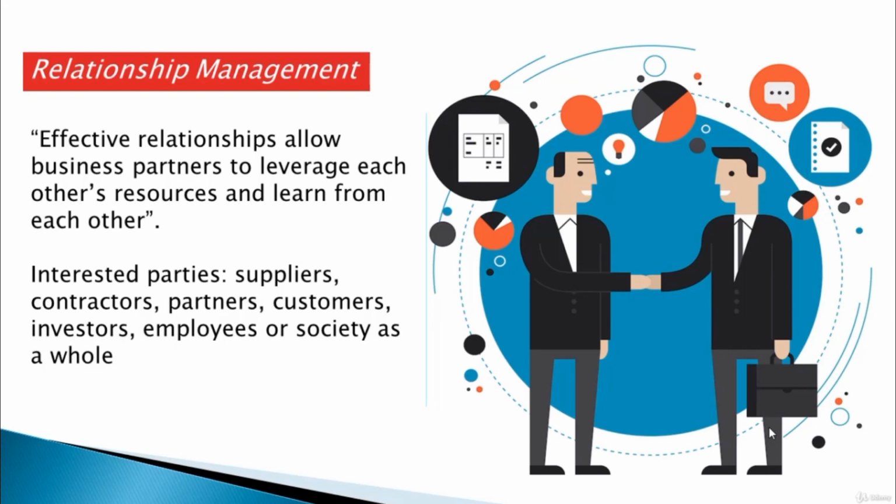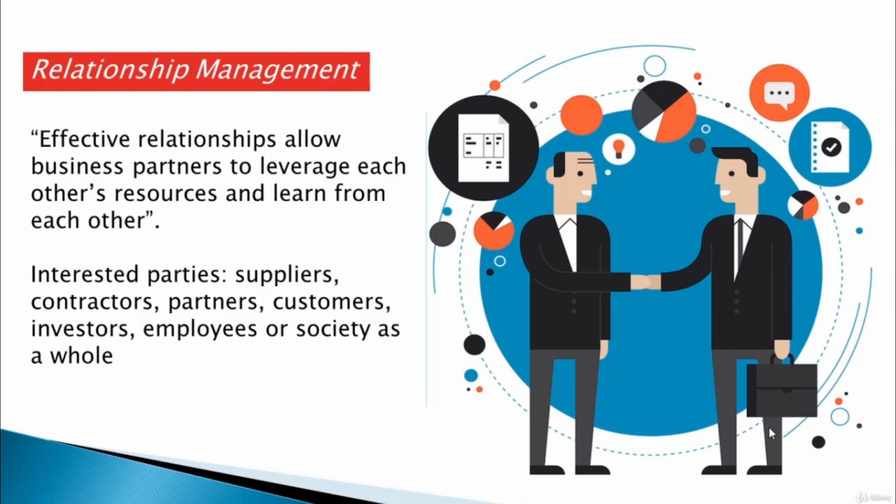Relationship management is the seventh and final quality management principle. So, we know that today's organizations do not work in isolation. They need to manage their relationships. And effective relationships will allow business partners to leverage each other's resources and learn from each other.